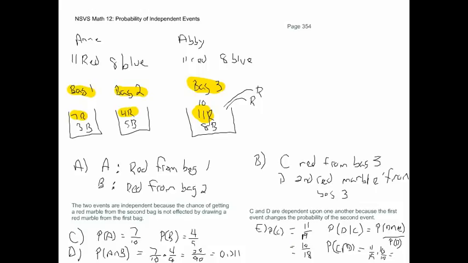So if we calculate that to 3 decimal places, we get 110 divided by 342, and that gives us a probability of 0.322. So Abby has a probability of 0.322 of getting 2 red marbles.